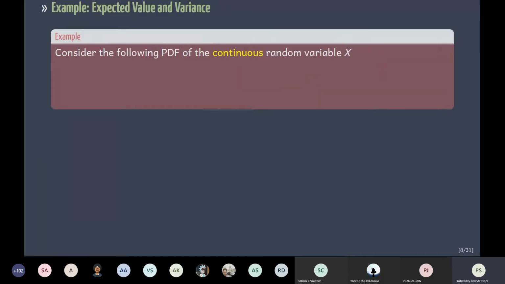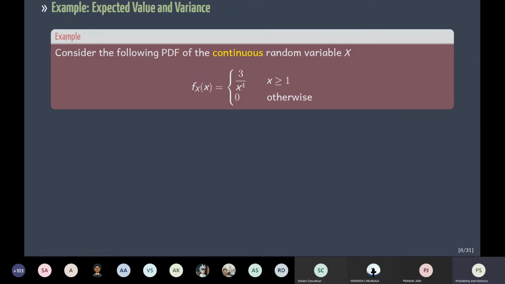Consider the PDF of the continuous random variable, which is this. Let us find the mean and variance of the random variable x whose PDF is given by this.